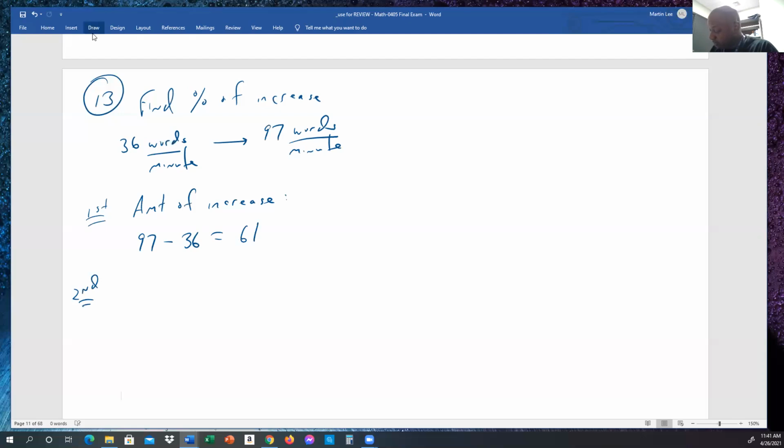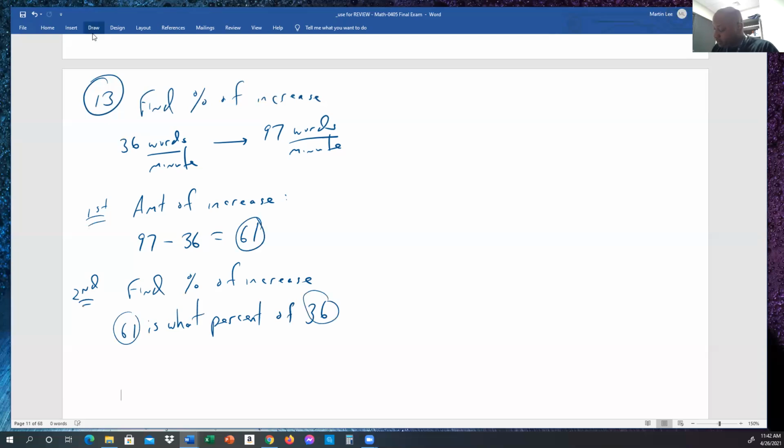And now second, find the percent of increase by saying 61 is what percent of 36. So 61 is what percent of 36.